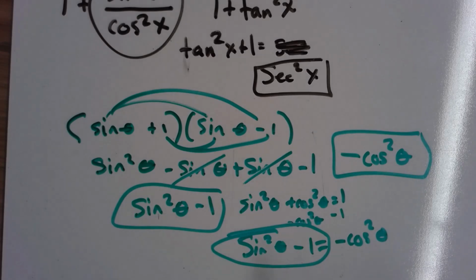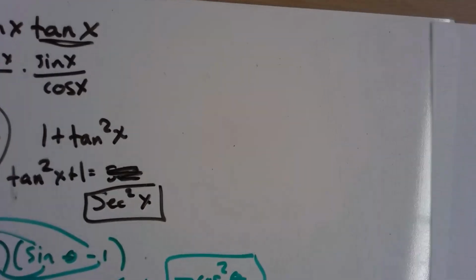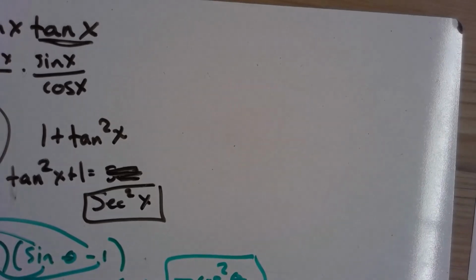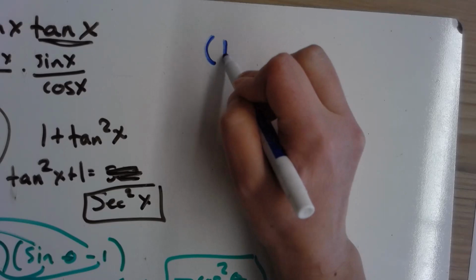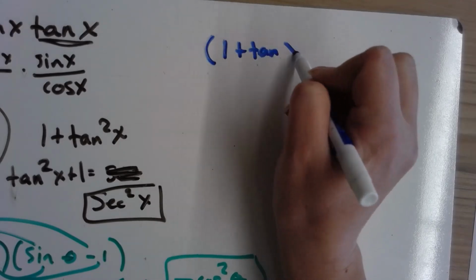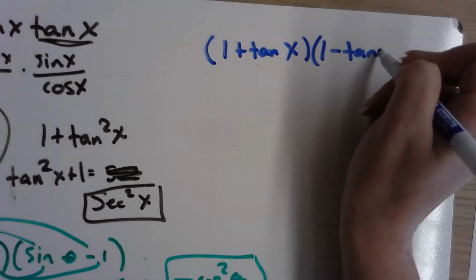Let's do one more where we multiply it out. So again, if you don't have that paper printed out, you will want it printed out. It comes in so handy. Okay, we're going to do 1 plus tangent x times 1 minus tangent x.